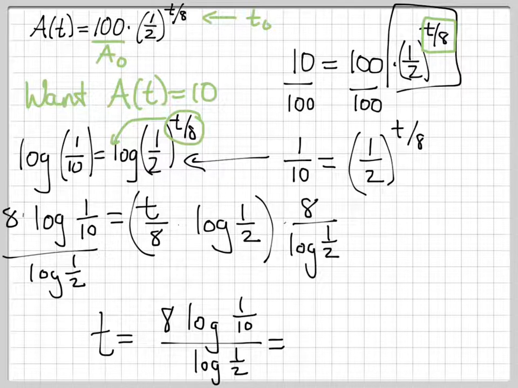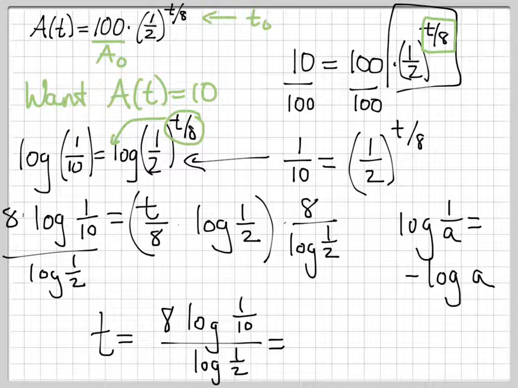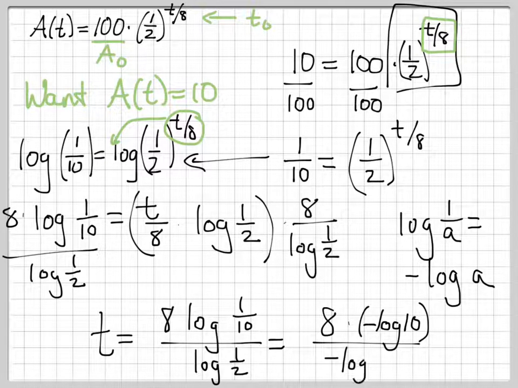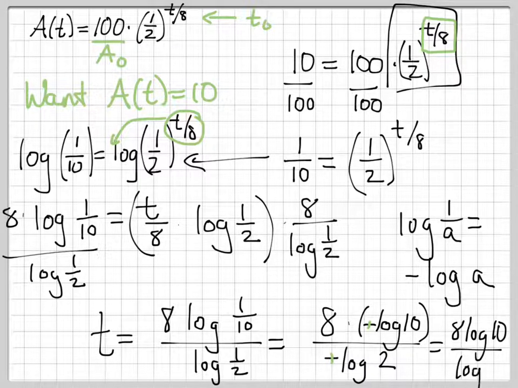Now, log of 1/10, log of 1 over a is equal to negative log a. So the top becomes 8 times negative log 10 over negative log 2. And then my negatives, both of them, since I have a negative up top and a negative down below, they cancel. And I just get 8 log 10 over log 2.